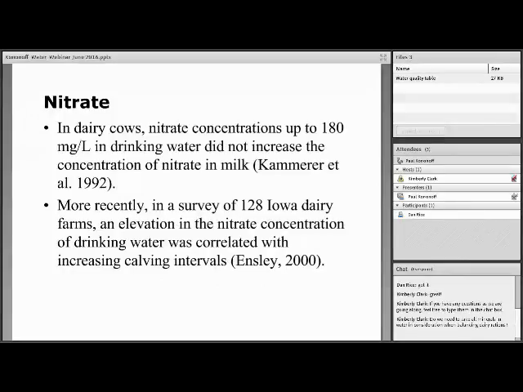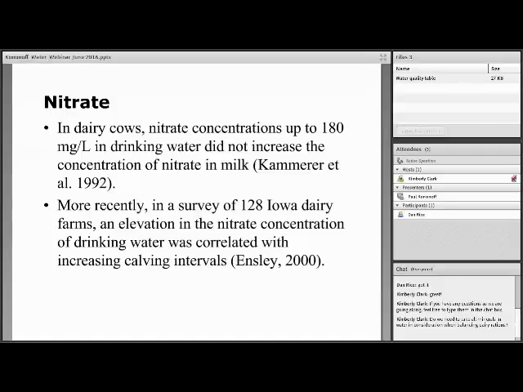In terms of dairy production, there's some good research out of Europe showing that changing the nitrate concentration in drinking water up to 180 milligrams didn't result in increases in concentrations of nitrate in the milk.